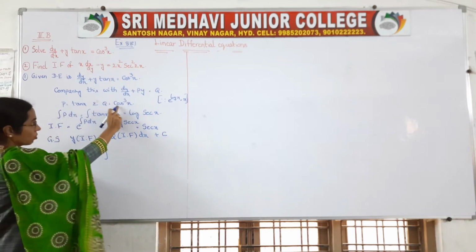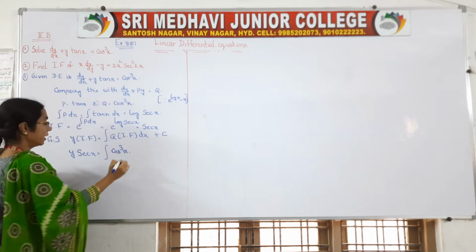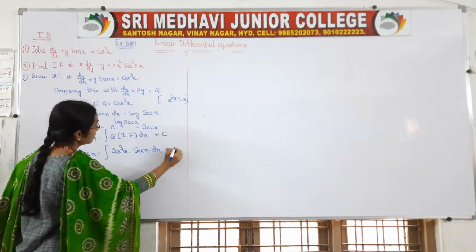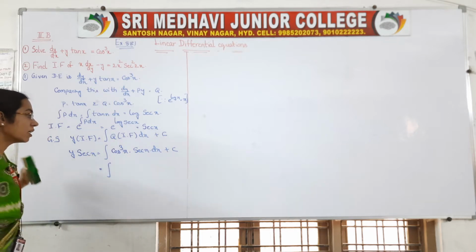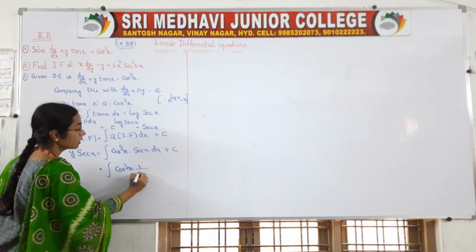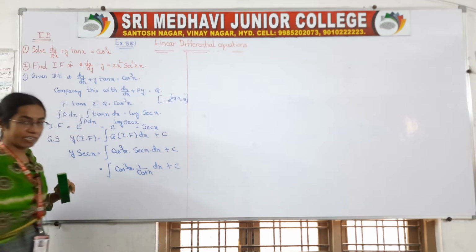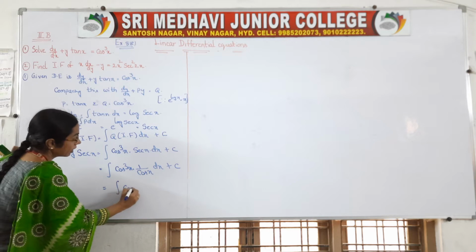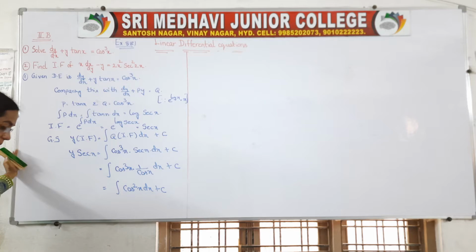If we compare q, we got cos cube x into secant x dx plus c. So it is cos cube x into secant x, which is 1 by cos x, dx plus c. One cos will get cancelled, so it is integral cos square x dx plus c.